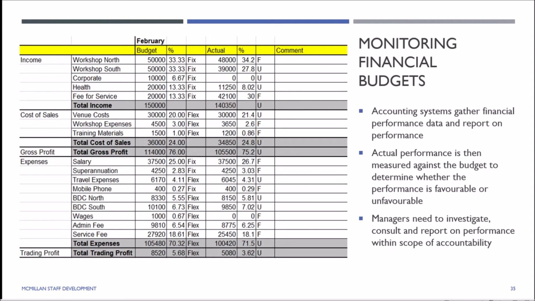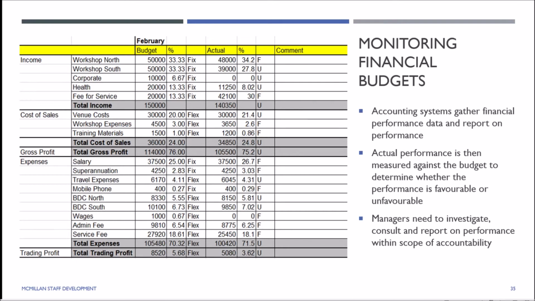My sales budget for my total income for the month of February was 150,000 for the month, and you can see that north was 50, south was 50, corporate was 10, health was 20, fee for service was 20, and they make up a particular percentage. So with workshop north, budget 50,000, that makes up 33.3% of the total income, the 150,000 that's in the shaded grey box below it.